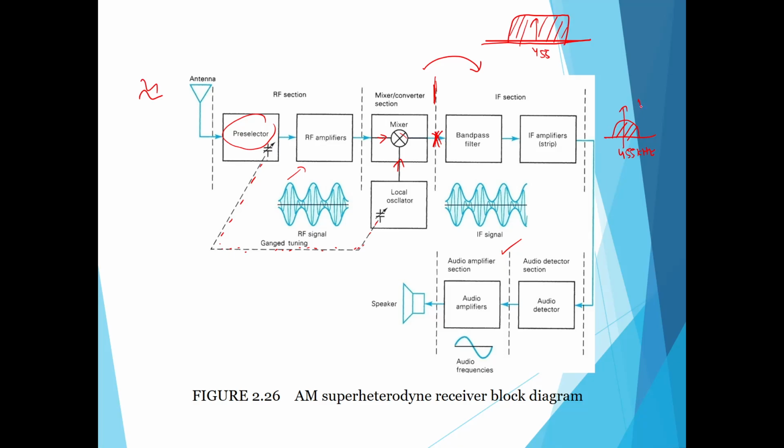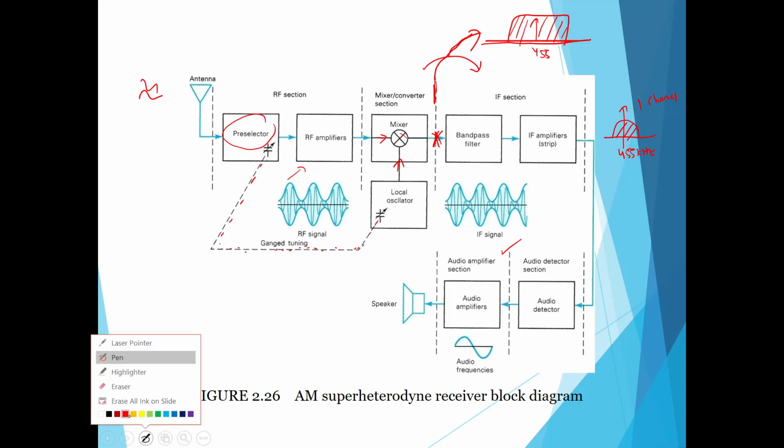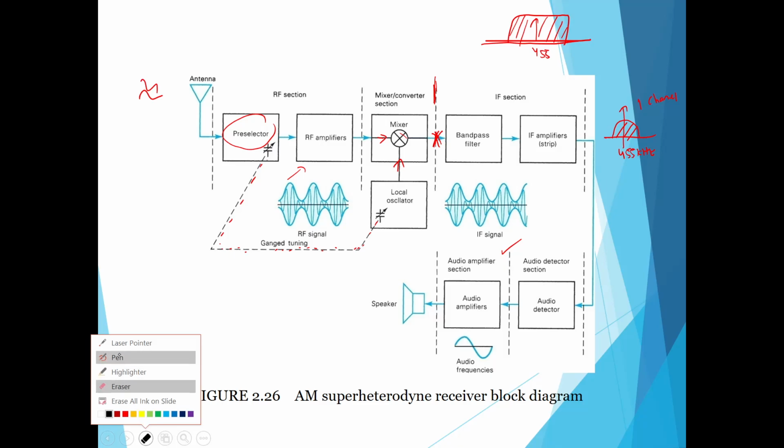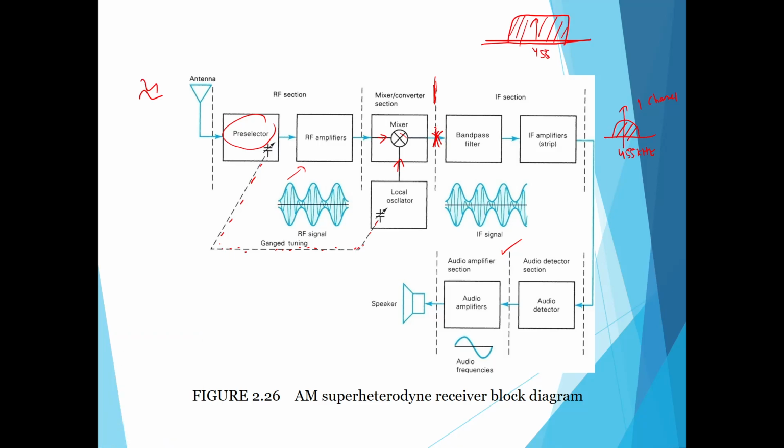For example, here one channel. For example, we initially have 3 channels. We have more than one channel, and then the IF section will produce a single output channel.